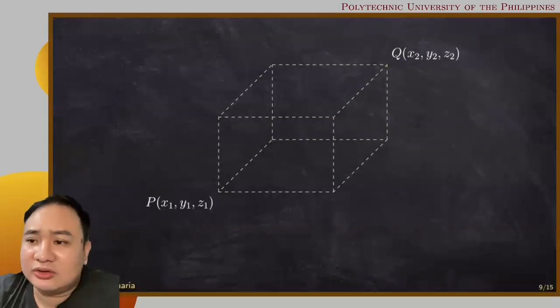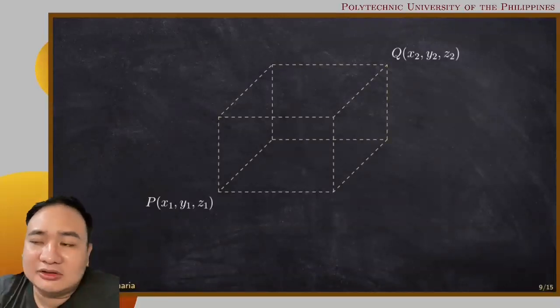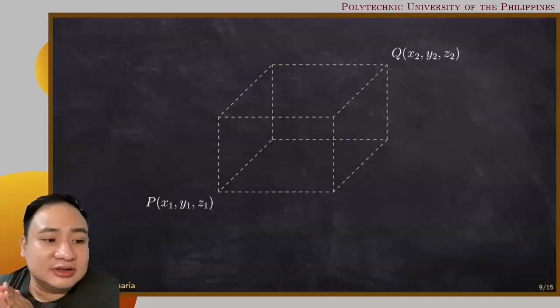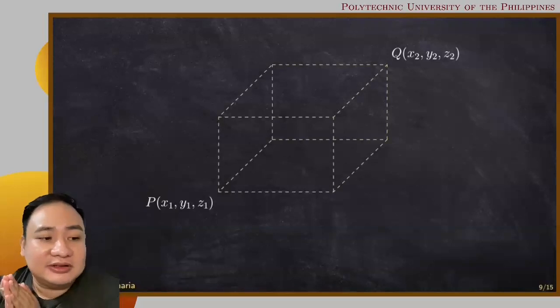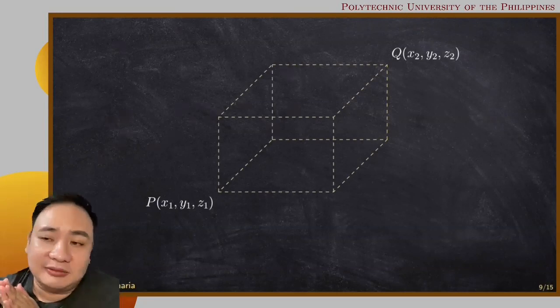you can actually try to draw a box, no, a rectangular box. By the way, nakita nyo kung gaano ka-importante ang mga rectangles sa ating coordinate system. Kaya nga, sometimes this coordinate system is also referred to as the rectangular coordinate system kasi we use rectangles to locate points.